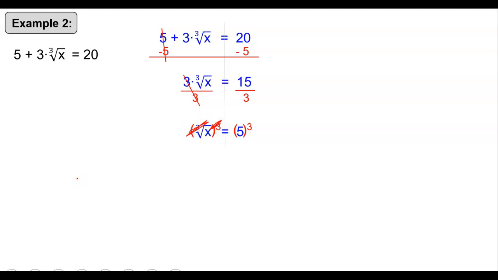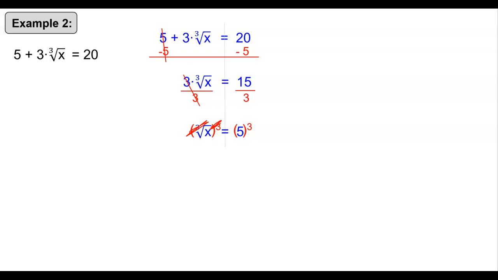Now, what's 5 cubed? Who thinks it's 8? Because you added 2 numbers. That's definitely not it. Who thinks it's 15? Because you just multiply 5 times 3. That's very wrong. Okay, 5 cubed means 5 times 5 times 5. It's not 15. I didn't say 5 plus 5 plus 5. I said 5 times 5 times 5.